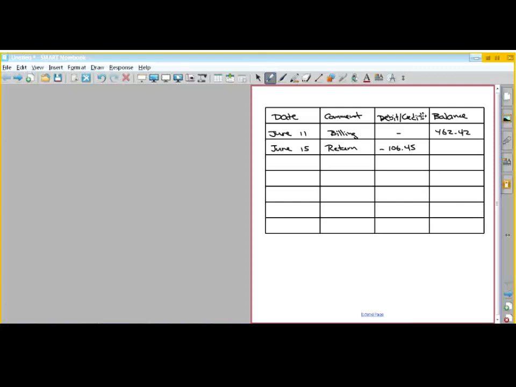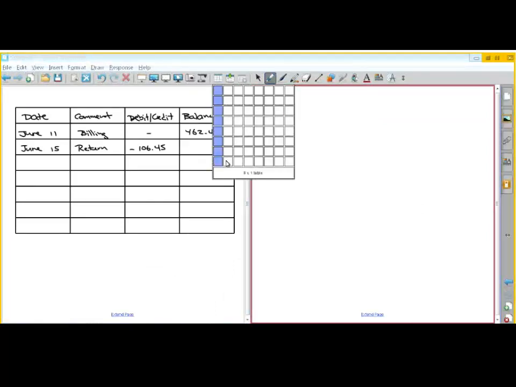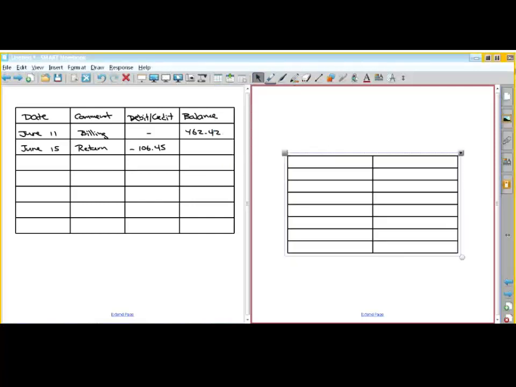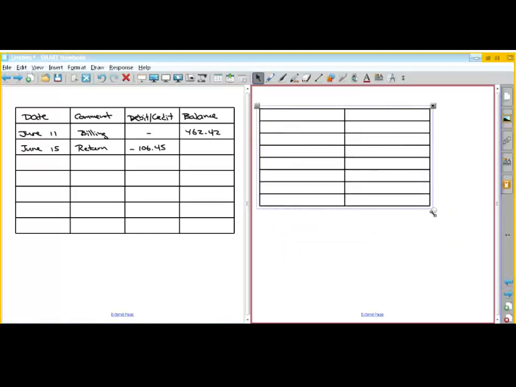So we're going to need a couple of extra columns here. We've got the running balance and the number of days until the balance changed, so we just need two more columns.